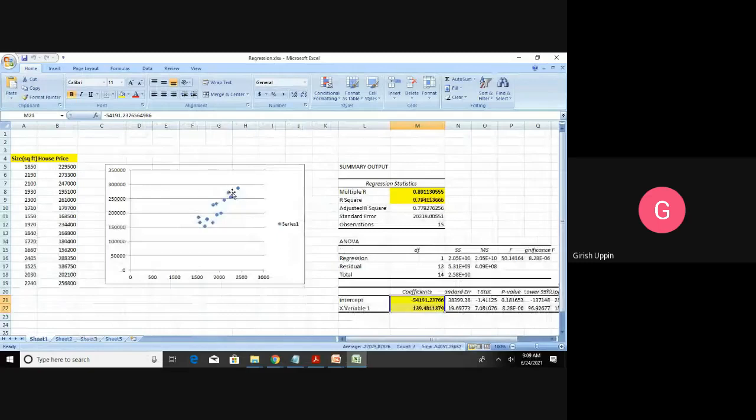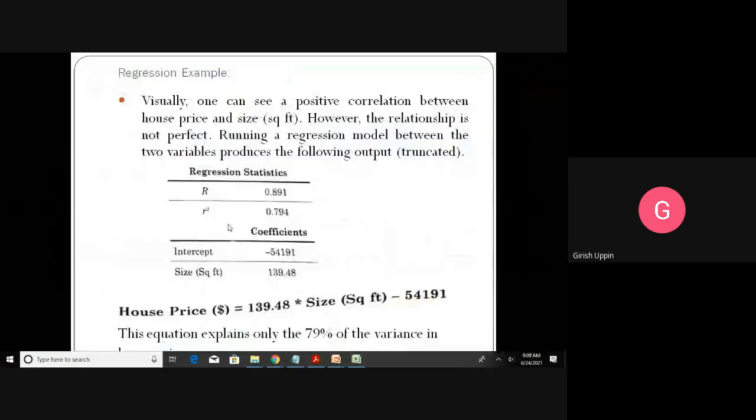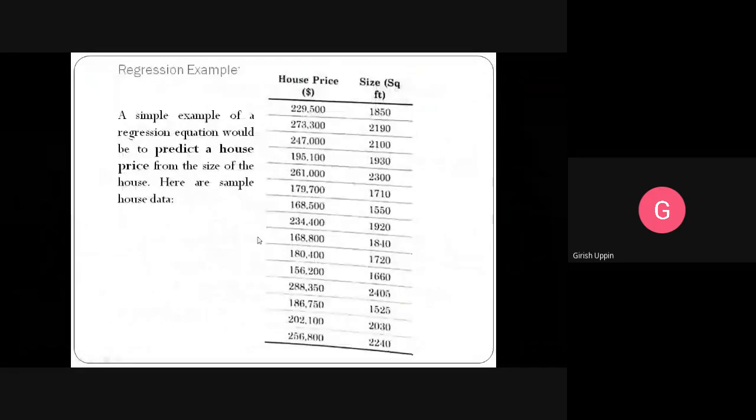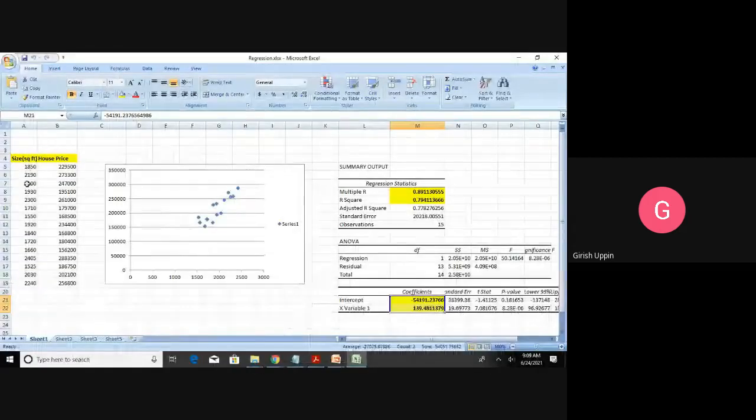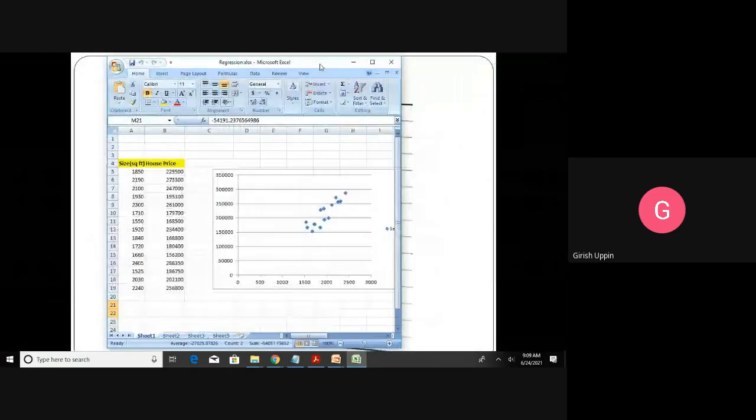If you see this particular diagram, it is very similar to what we saw here. I used the same data points, this being x and this being y. Just I have reversed that. So here I have all the x values, size in square feet, and house price. This is the value we are going to predict.